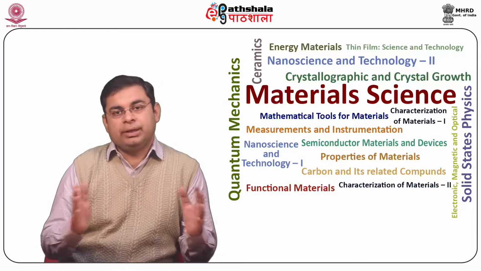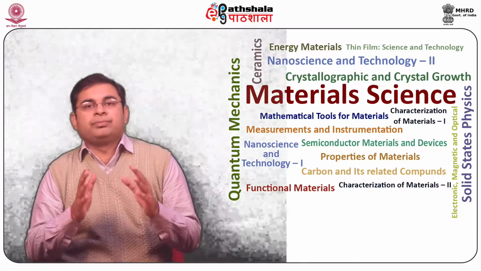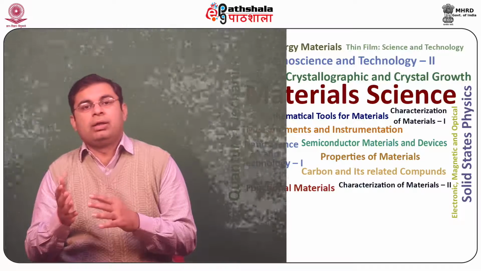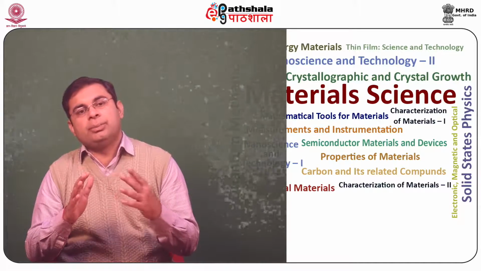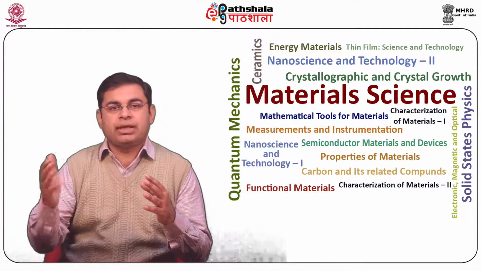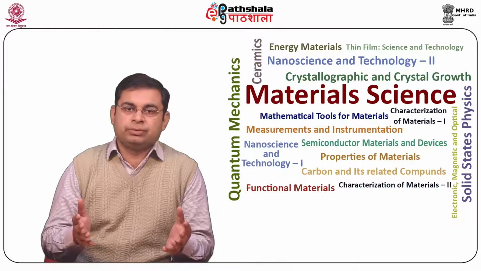When these gaps are big, high energy is required to jump them. This is the case for an insulator. On the other hand, when these gaps are small, room temperature thermal energy can cause sufficient electrons to jump these gaps, which is the case for semiconductors.